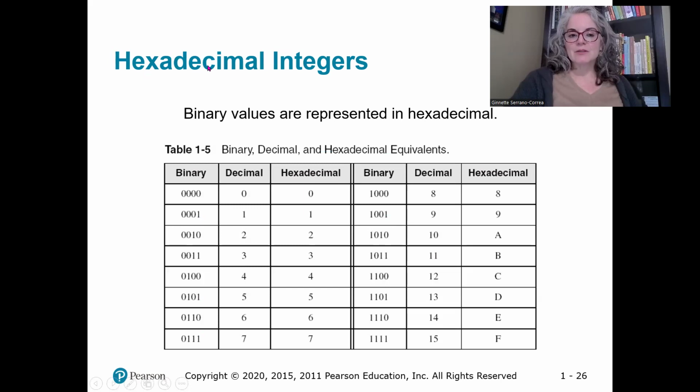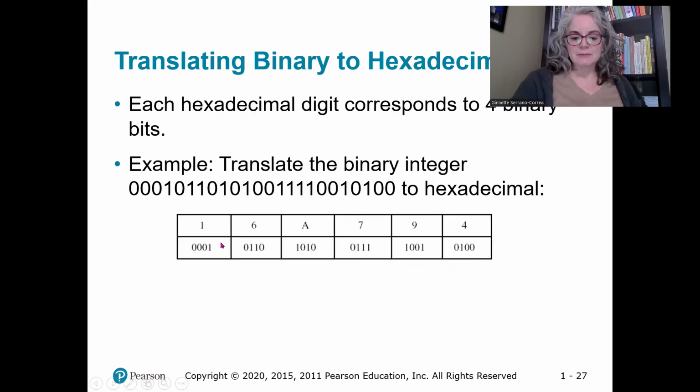We know that decimal is 10. That's our decimal system. So 10 plus 6 is 16. So hexadecimal is a base 16 system. That's why we go from the number 0 to 15.